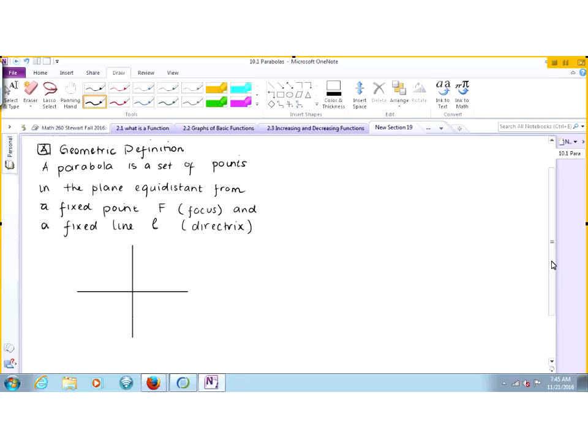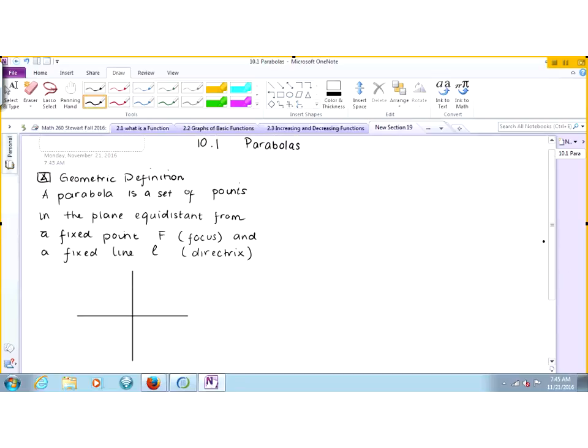All right. So how are we graphing the parabola? It's a set of points in the plane equidistant from a fixed point F and a fixed line. How come the curve is equidistant from a fixed point and a line? So this is what's going to happen.